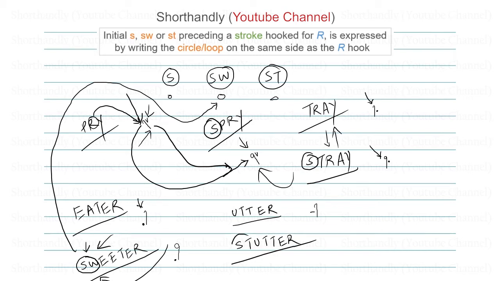This time we have this ST now, and we represent ST with a small loop. So we'll do the same thing as we did in the earlier cases. We'll simply turn this small hook into a small loop. So stutter will be written like this.